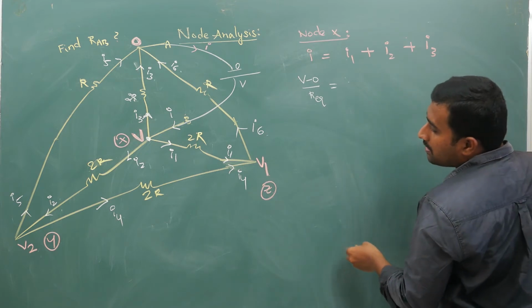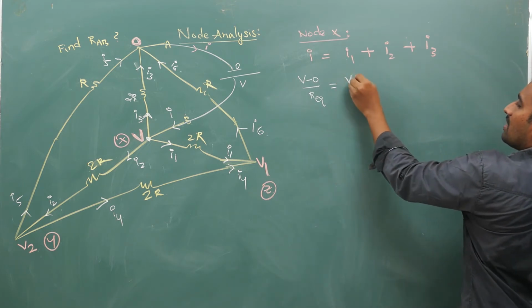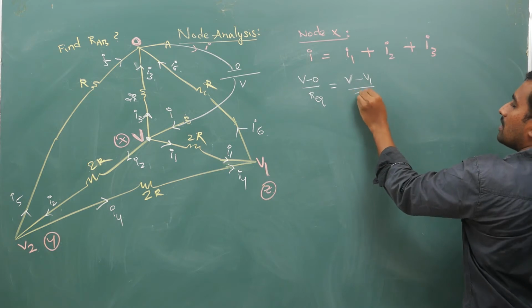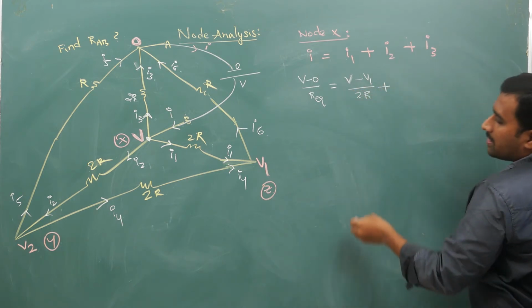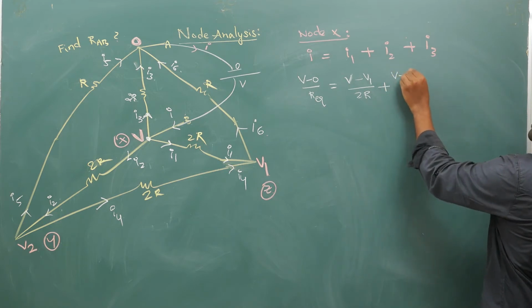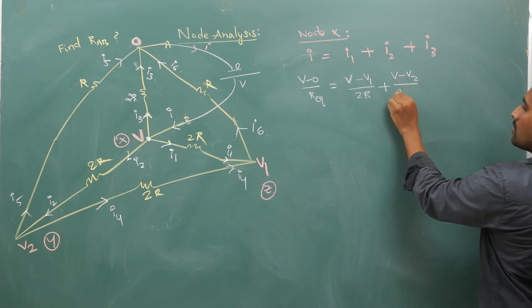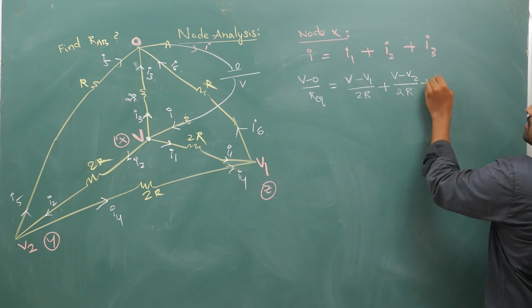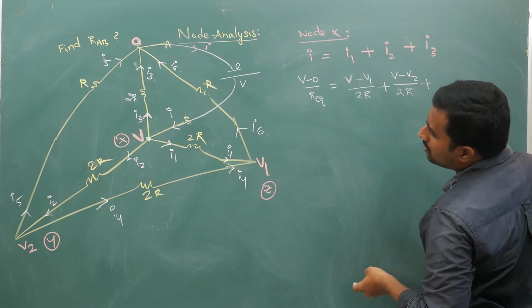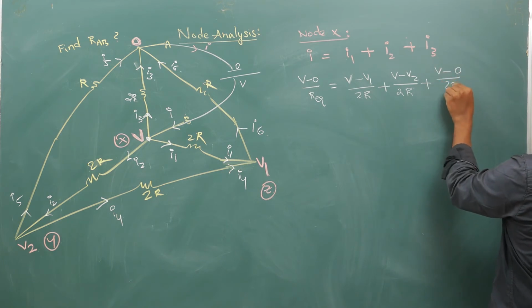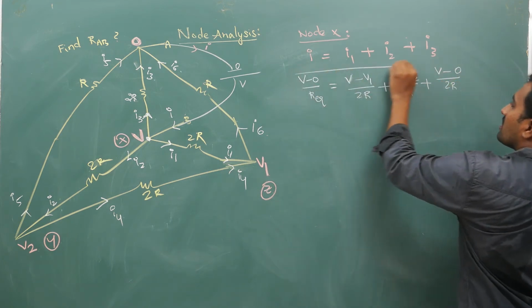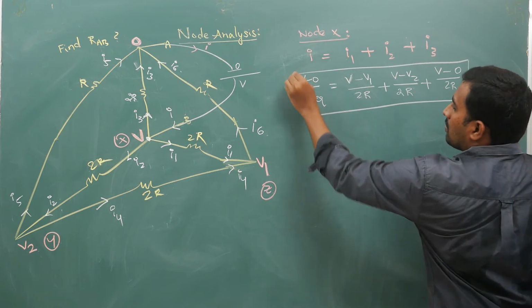So your I1 is V minus V1 by 2R plus I2, higher potential minus lower potential, V minus V2 by 2R plus I3, your I3 is V minus 0 by 2R. This is your first equation.